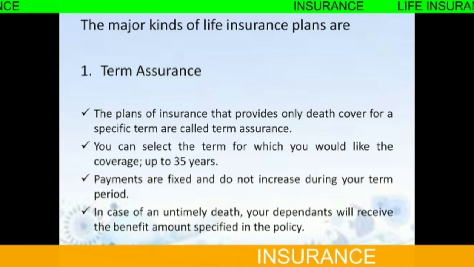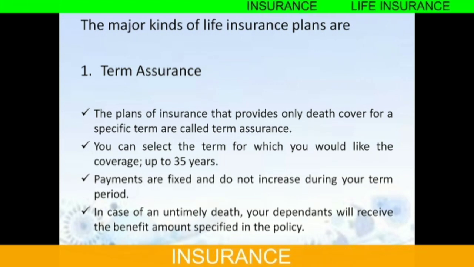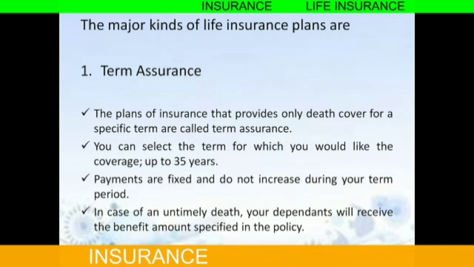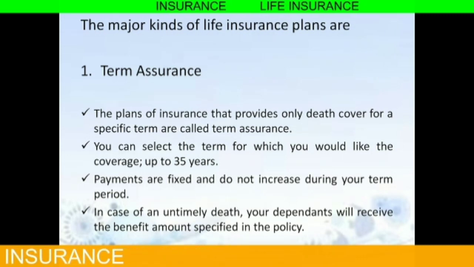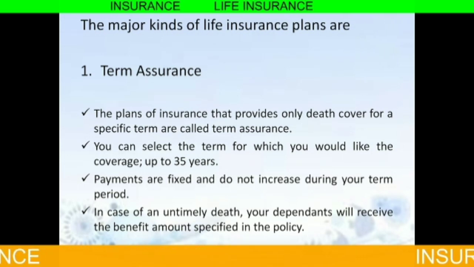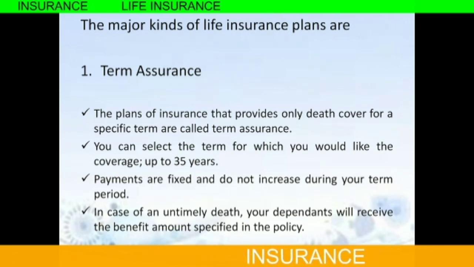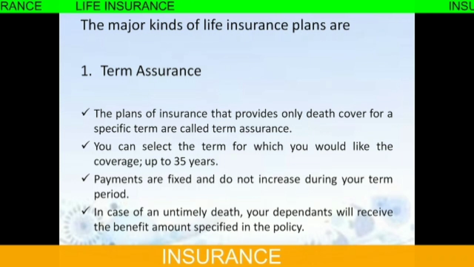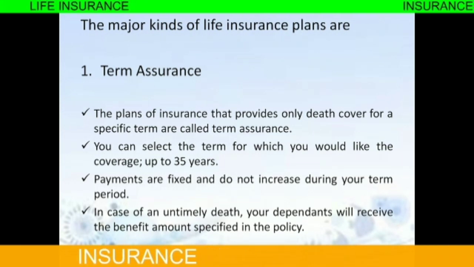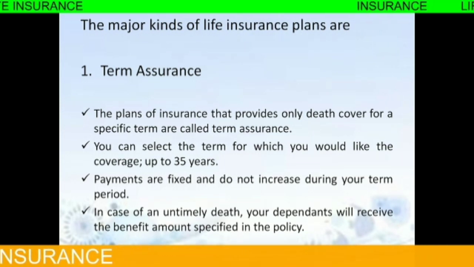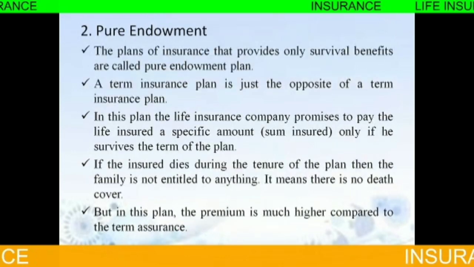The payments are fixed and do not increase during your term period. In case of untimely death, your dependents will receive the benefit amount specified in the policy. So that is in the case of term insurance.